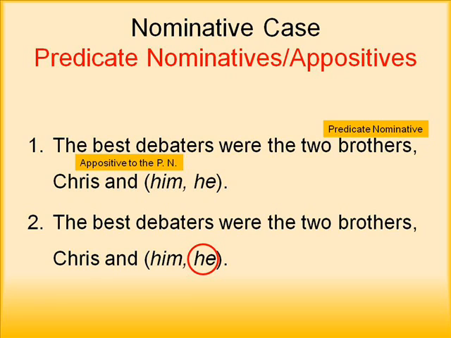Since a predicate nominative takes the nominative case, appositives to the predicate nominative must also use the nominative case. And when we look on the chart under nominative case, we see that the correct answer is he, not him. So the sentence is, the best debaters were the two brothers, Chris and he.